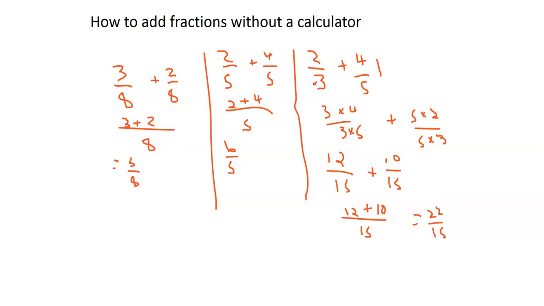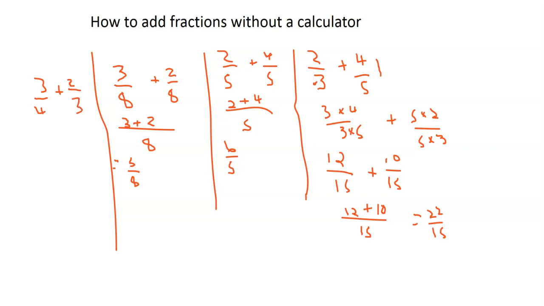That's how you solve it. Let's just do one more example to ensure that you get used to the method. Let's say now 3 over 4 plus 2 over 3.